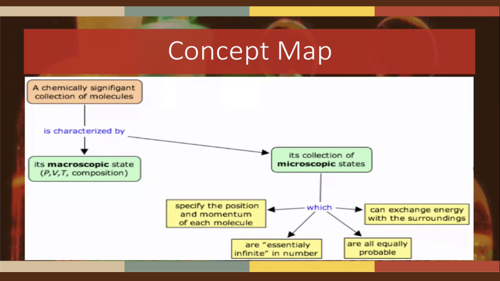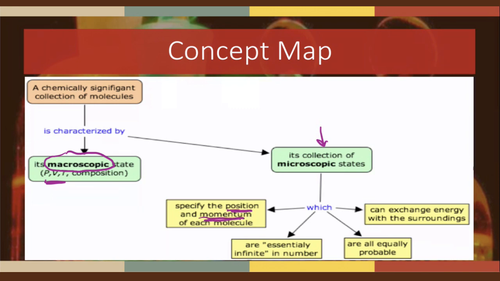Next, a chemically significant collection of molecules, so a whole bunch of molecules. We're going to talk about its macroscopic state. This is what we can measure: its pressure, its volume, its temperature. But it's really just a collection of microscopic states, the microstates. We can describe a microstate by talking about the position and the momentum.